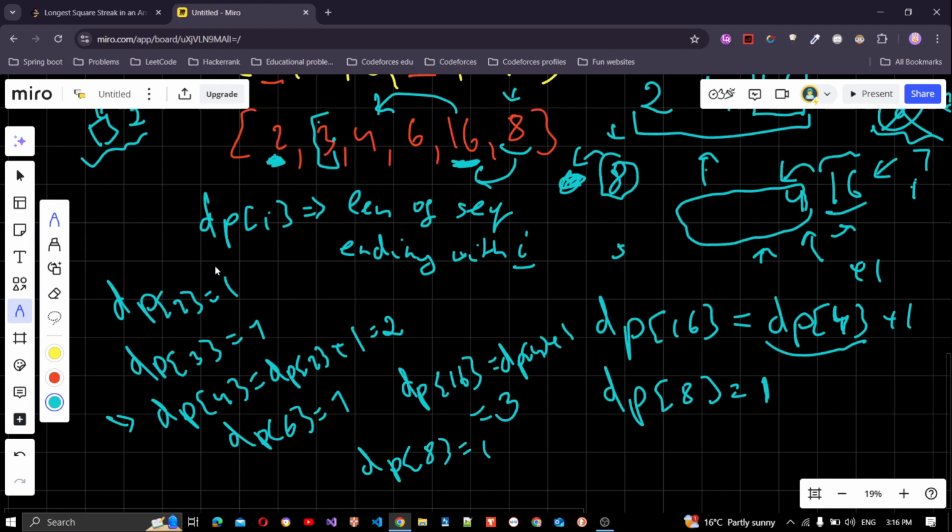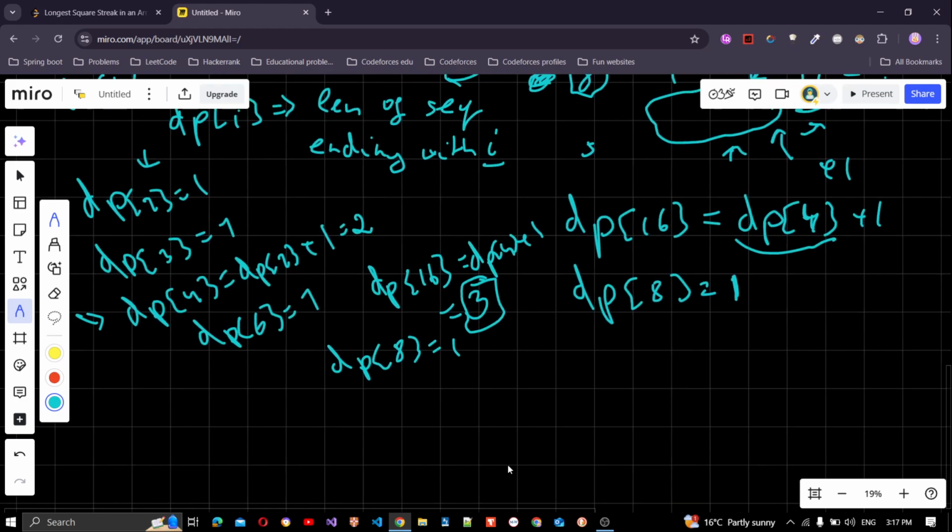Every dp entry means the length of a sequence that ends with i. For example, the length of the sequence ending with 2 is 1, ending with 3 it's 1, ending with 4 it's 2, that is 2 and 4. So we find the largest value, which is going to be 3.